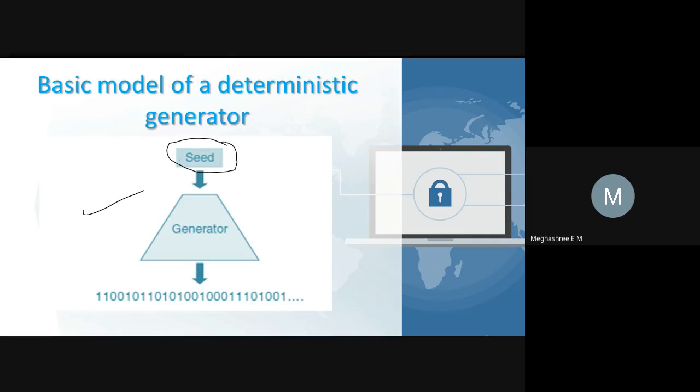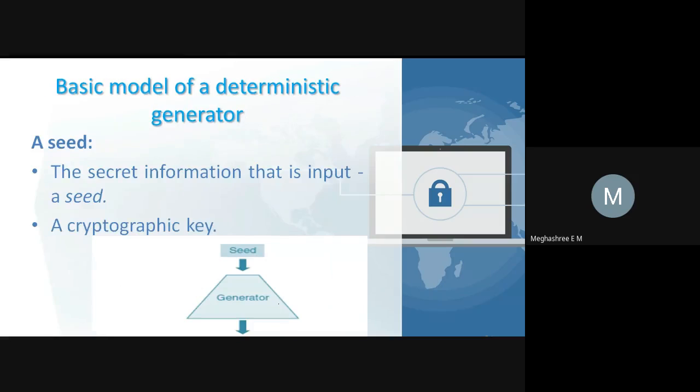When you feed the seed, based on the algorithm, it will generate the pseudo-random numbers. This is the basic model of a deterministic generator. Now the question is, what is the seed? It is the secret information that is input. The seed value should be kept secret.